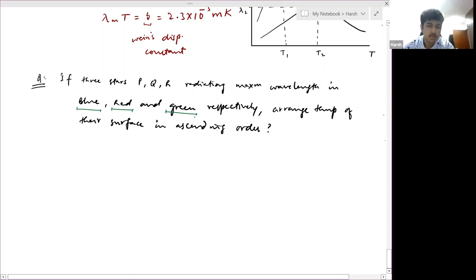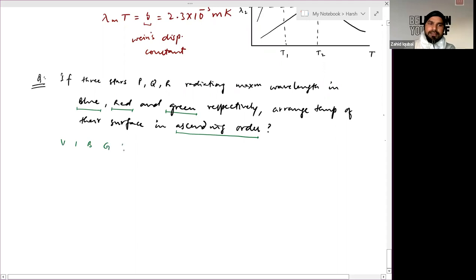Now, on the basis of these colors, we have to define their temperature and arrange their temperature in ascending order. So how to solve? Just write Vibgyor: violet, indigo, blue, green, yellow, orange, and red. Star P is in blue color, so this will be temperature of P. Star Q is in red color, so this will be TQ.